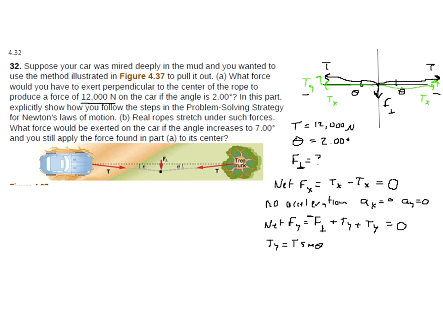Oh, and by the way, this is equal to 0. So if we plug in the T sine theta, we get negative F perp plus 2 T sine theta equals 0. That means that F perp equals 2 T sine theta.